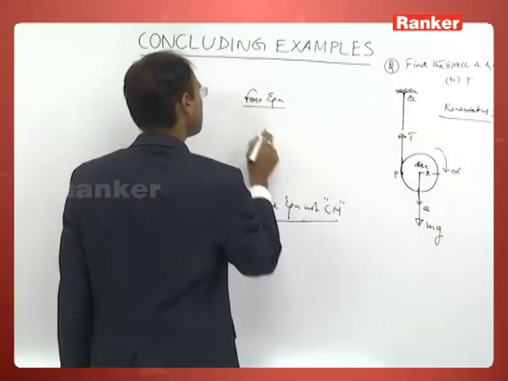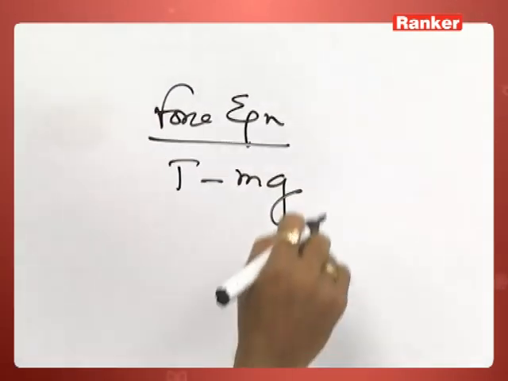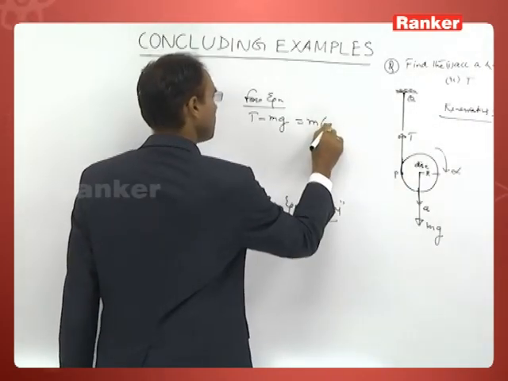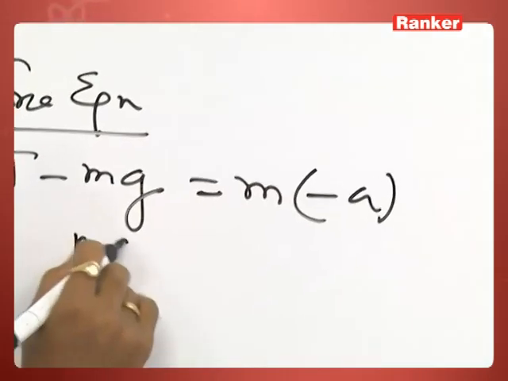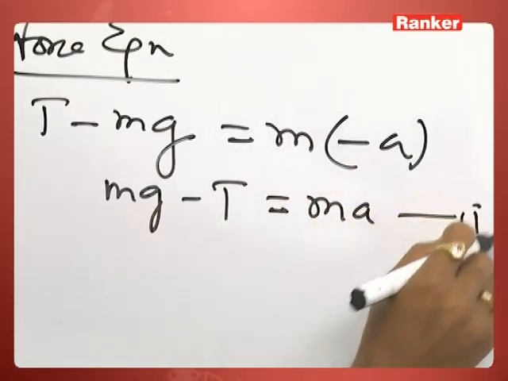Net force acting on the disk is T up, mg down, and that is equal to mass times acceleration, we have taken down as positive. So mg minus T is equal to ma, equation number 1.